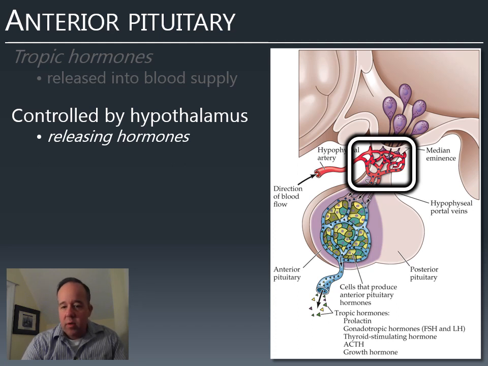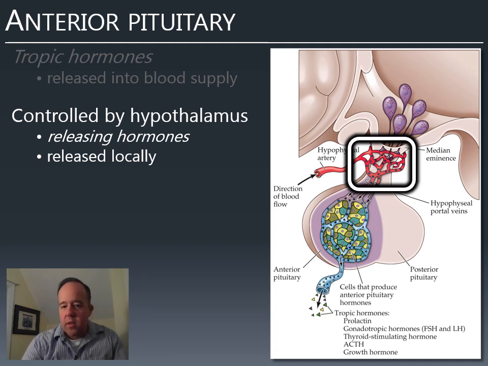The releasing hormones go into the anterior pituitary. The cells there detect the releasing hormones and then secrete tropic hormones. So it's a two-step process. Neuroendocrine cells secrete releasing hormones. Releasing hormones go into the anterior pituitary and cause the secretion of tropic hormones. So the hypothalamus is really releasing these things locally.